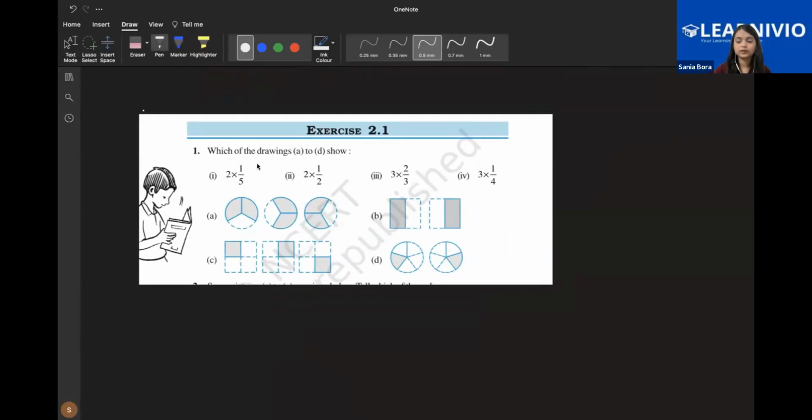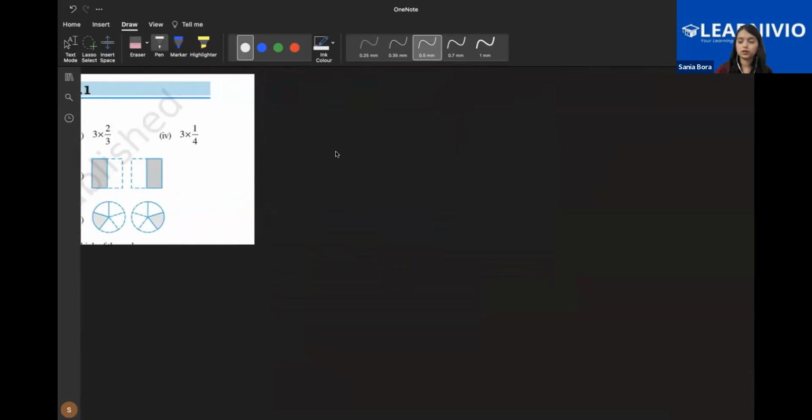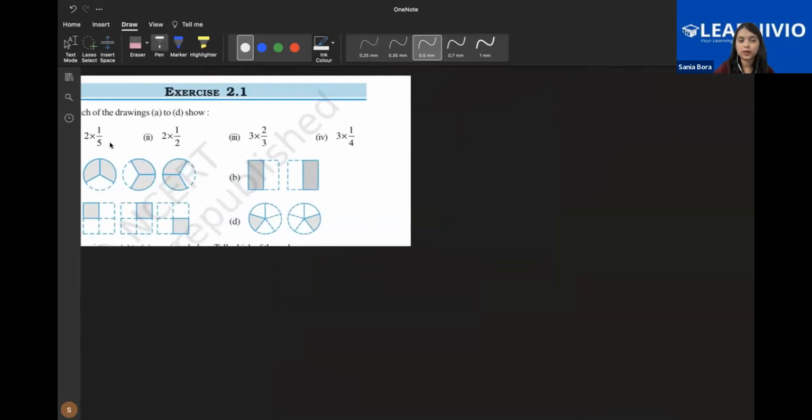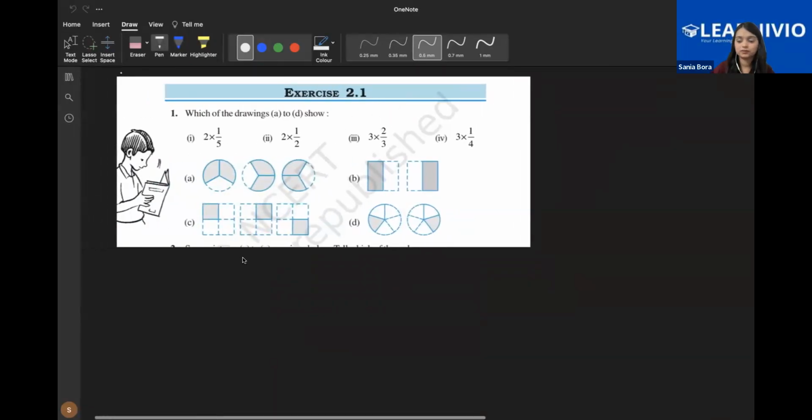What you are supposed to do, for example, the first one. If it is 2 multiplied by 1 upon 5, you will write it here. 2 multiplied by 1 upon 5.